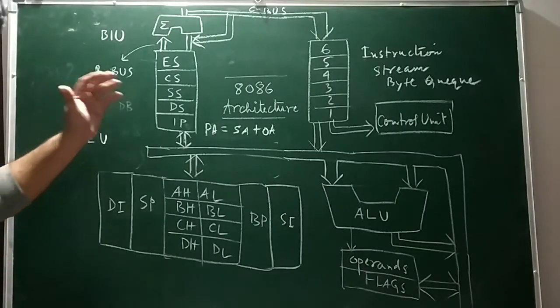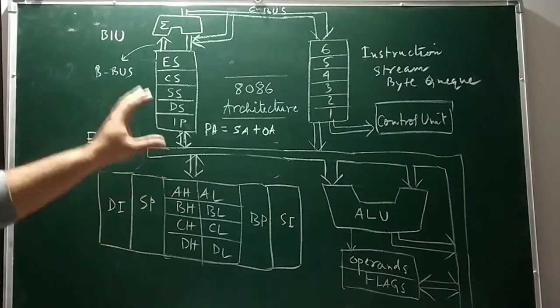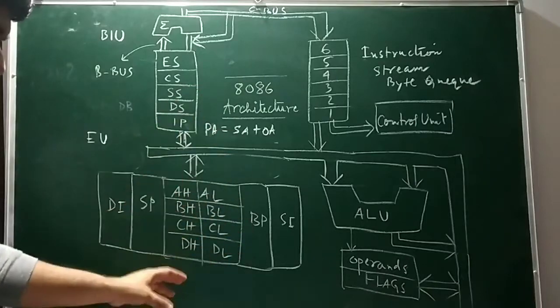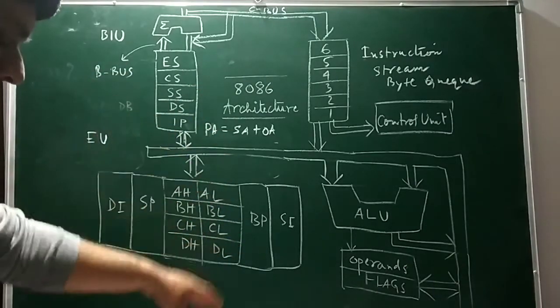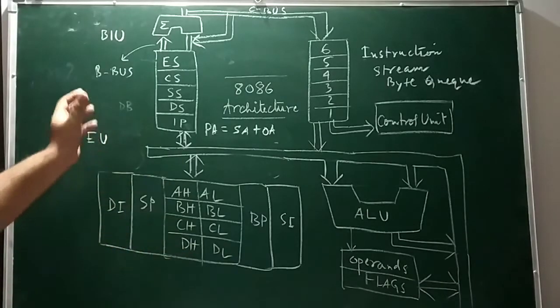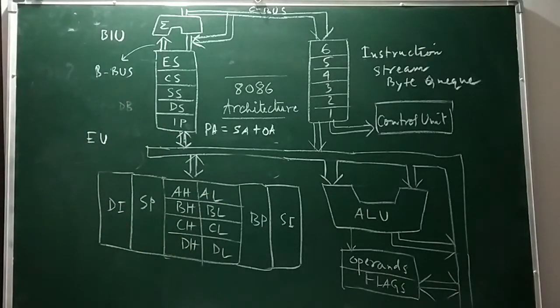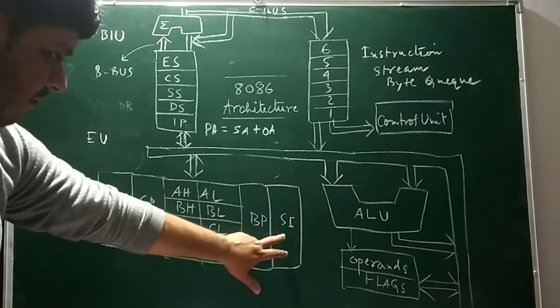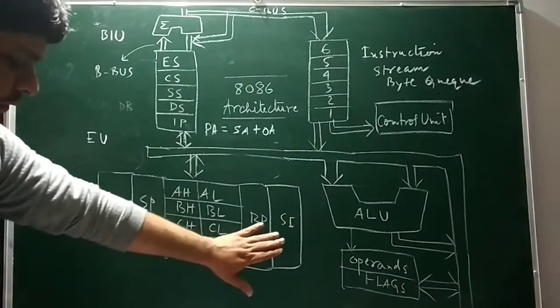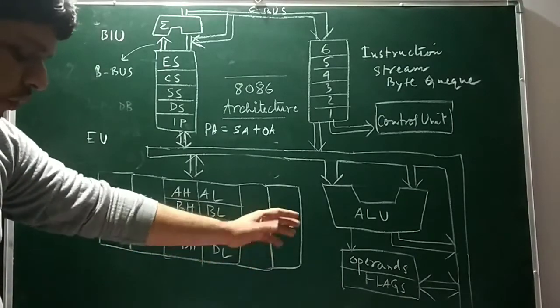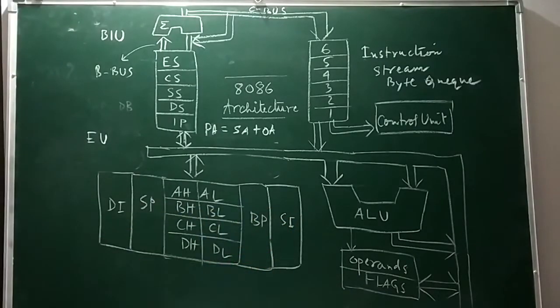Fine. The index registers are used as general purpose registers as well as for offset storage in case of indexed, base indexed or relative base indexed addressing modes. So register SI is used to store the offset of source data in the data segment.